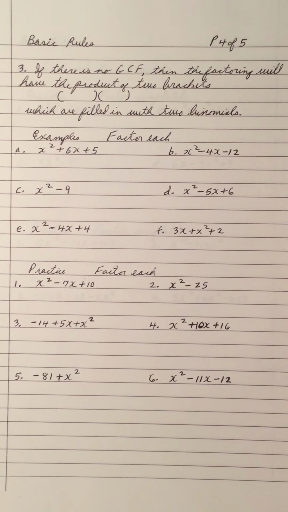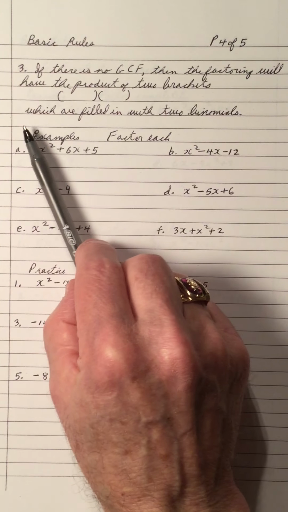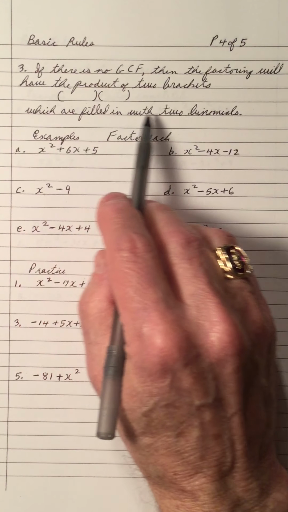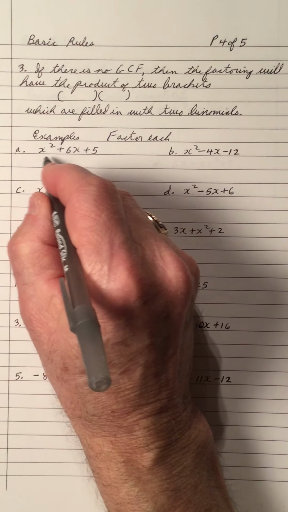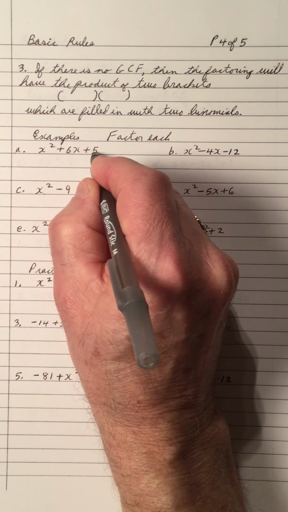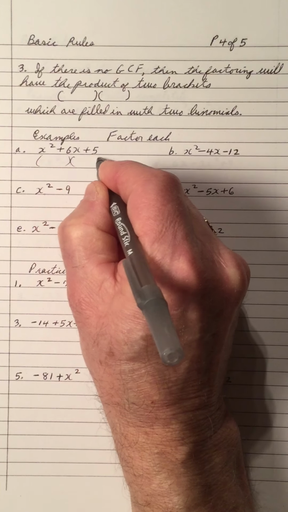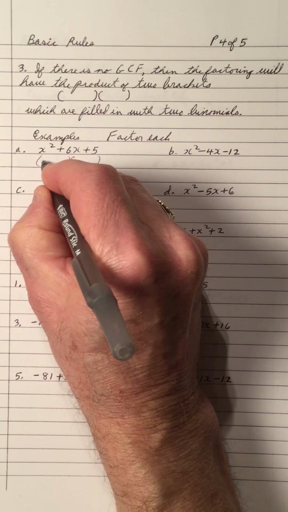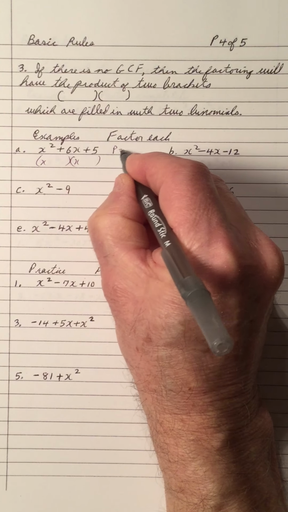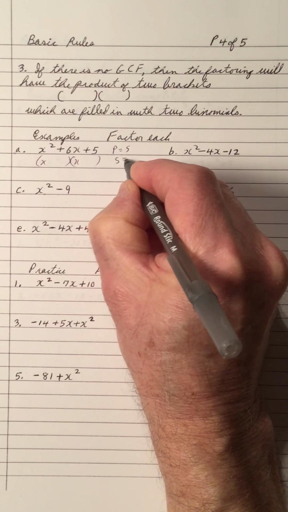So I'll do two brackets. So again, the two brackets are filled in with the polynomials. So this is a trinomial, and it's going to be factorable, no GCF, so we'll use the two brackets. X squared is x and x. Notice the product is 5. The sum is 6.